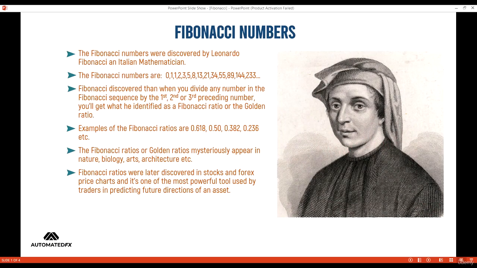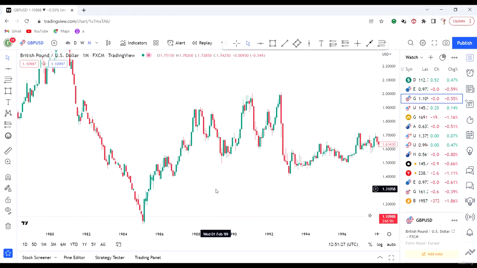So over time, traders have come to realize that these three Fibonacci numbers, 0.618, 0.5, and 0.38, are the most powerful numbers, and price tends to retrace to them.